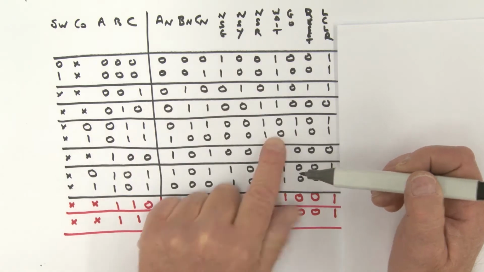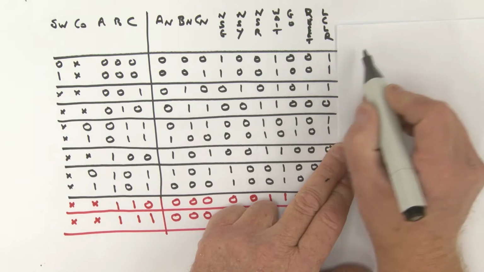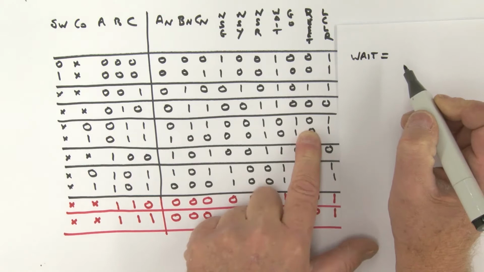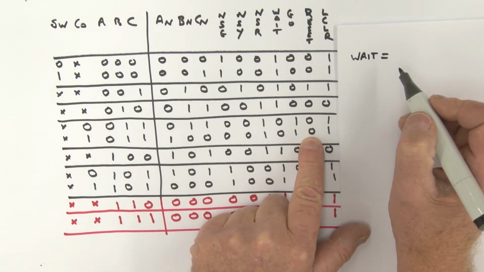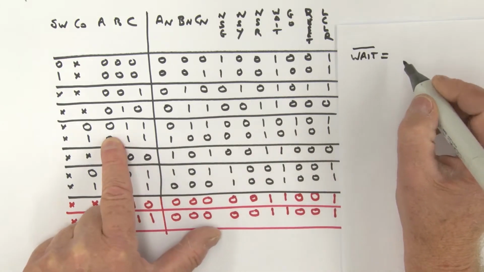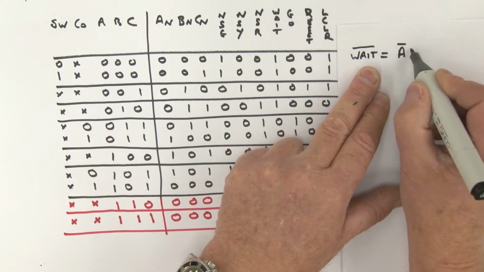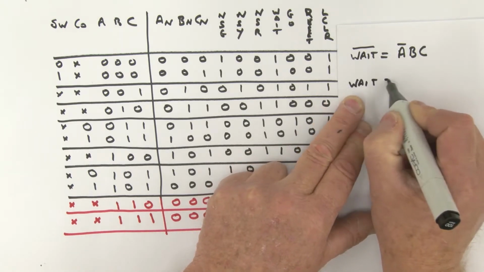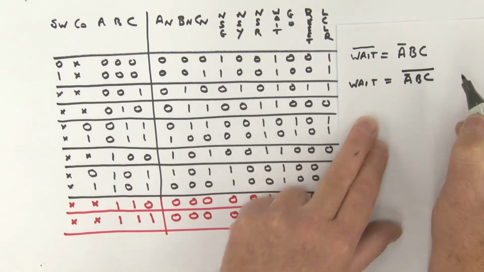So we could say that we're implementing the bar of weight. Reading this off, that's A bar BC. And so therefore weight would be equal to A bar BC with a bar over the whole thing.